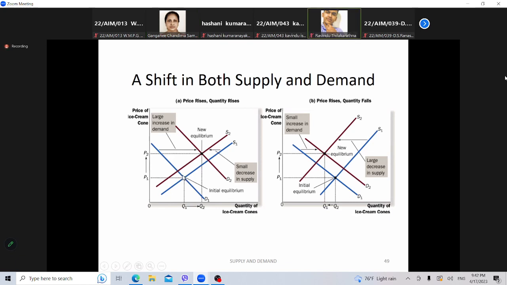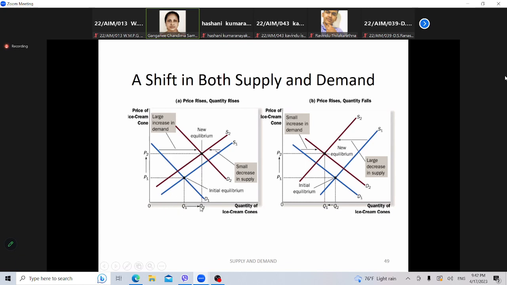Then let's say supply shifted to the left. At that time, clearly you can see the new equilibrium comes. Here, the price is P2 and the quantity is Q2. Price increases.